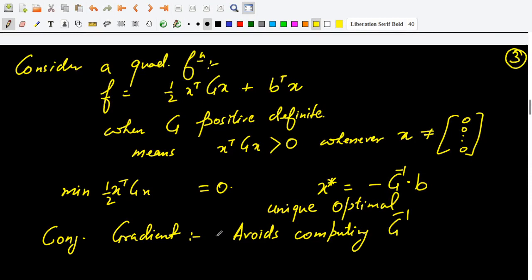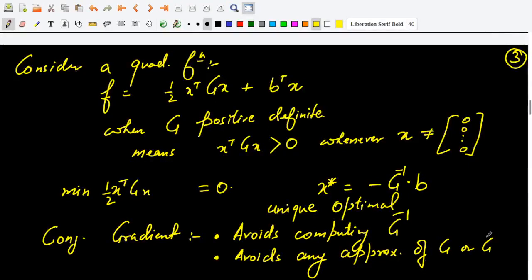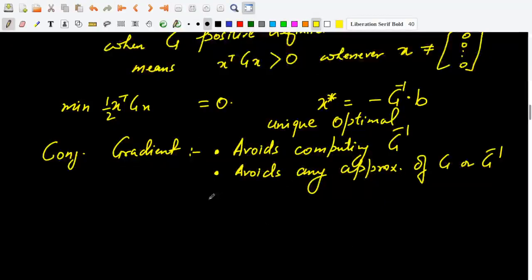So that means it's very different from Newton methods. It also avoids any approximations of G or G inverse. So it is different from quasi-Newton methods also.